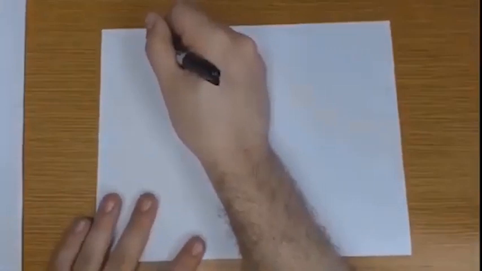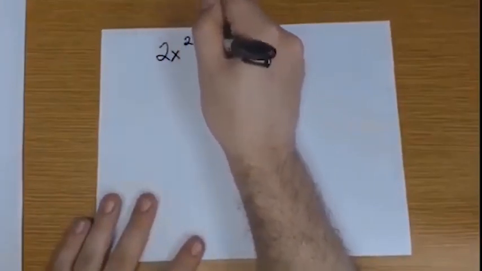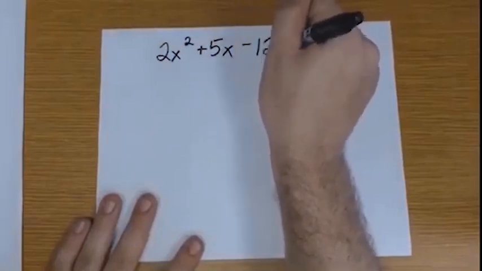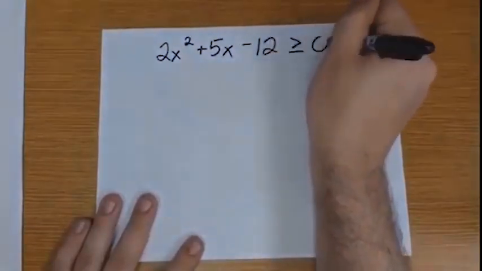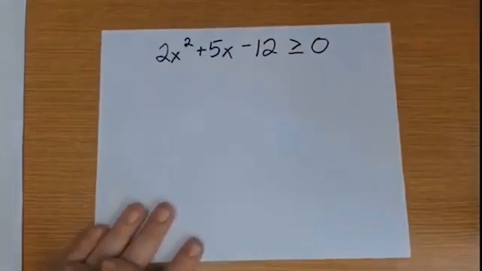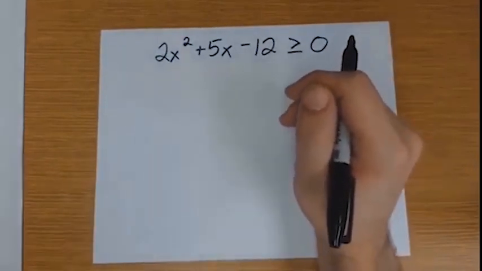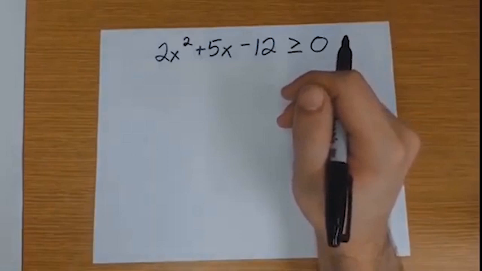Let's do this again, same process. We have 2x squared plus 5x minus 12 greater than or equal to 0. Let's do the factoring first. Let's get that out of the way.